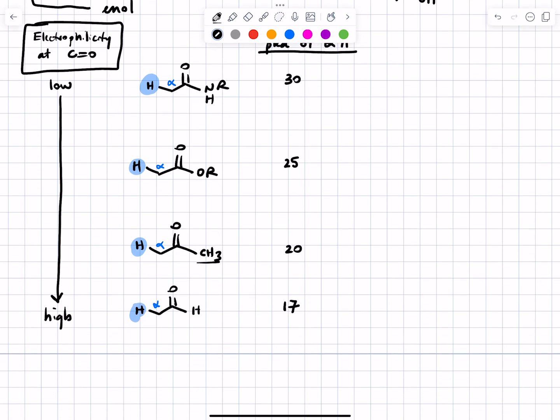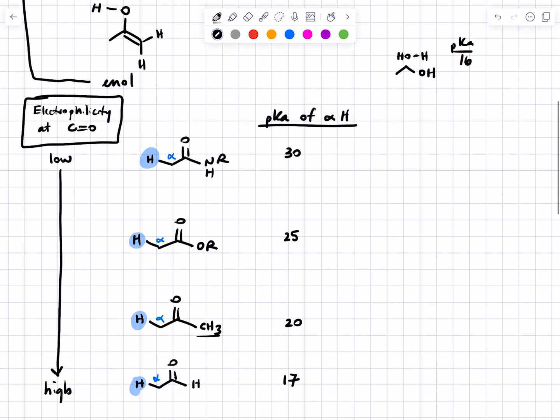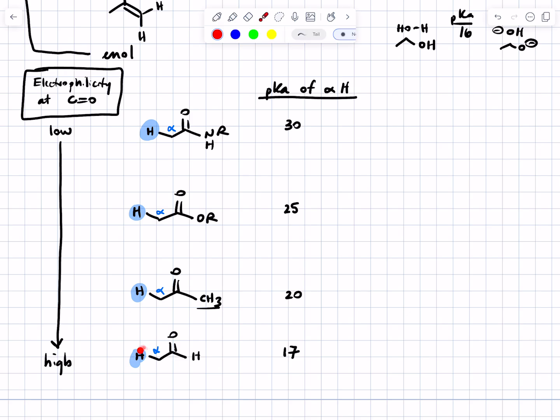So this means that the aldehyde is not that much less acidic than an alcohol. So you ought to expect bases that are stronger and more basic than an alcohol or an alkoxide to be able to easily remove the alpha proton.